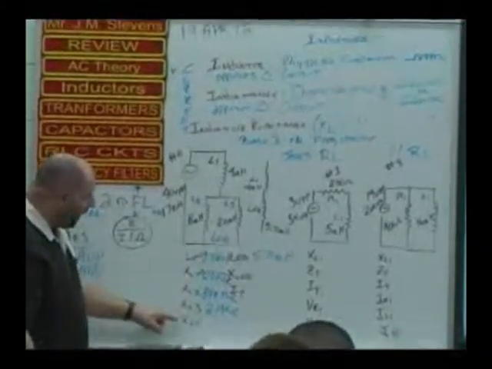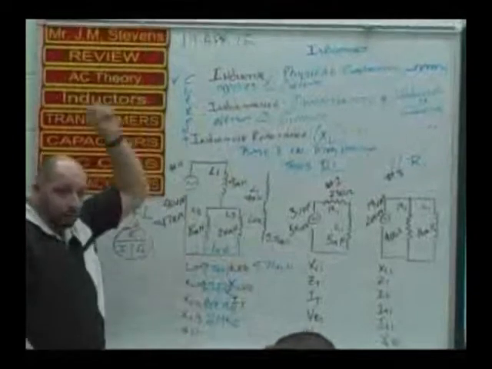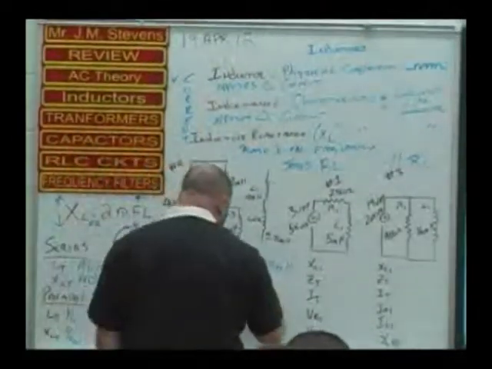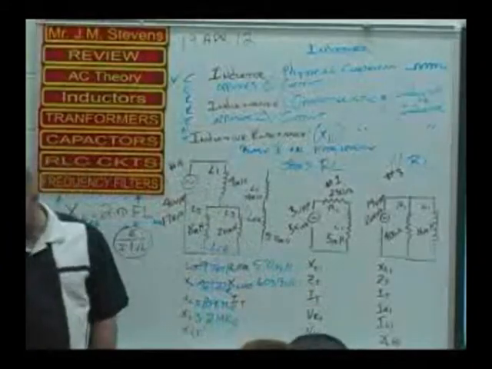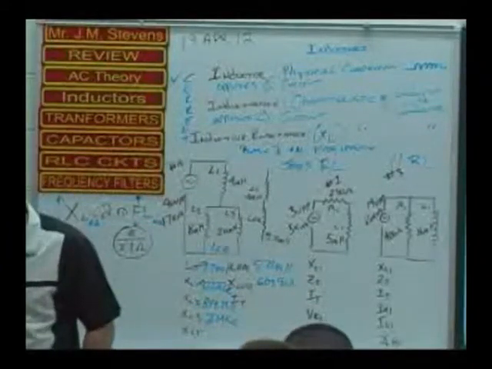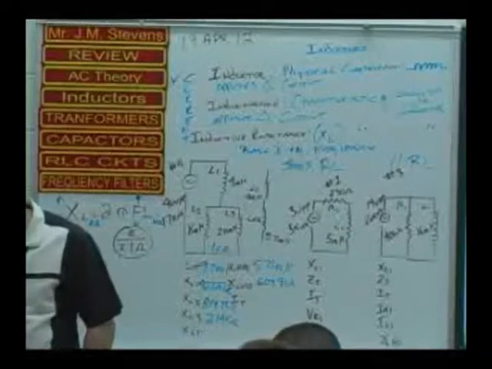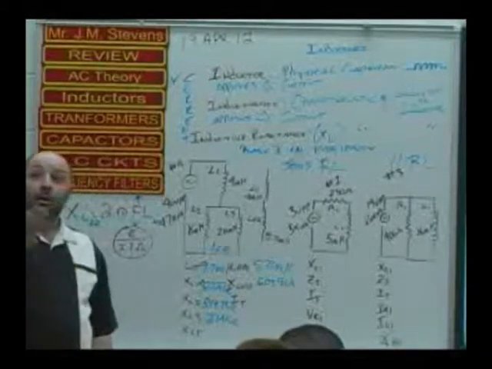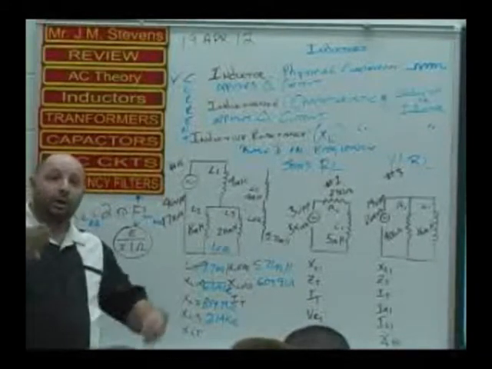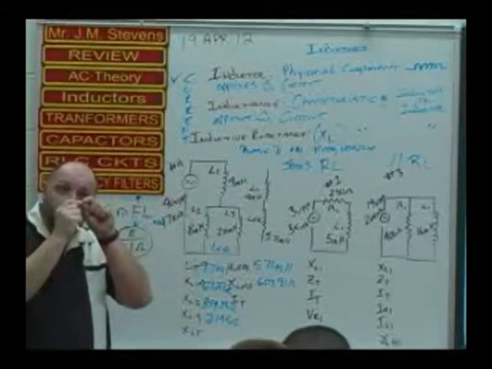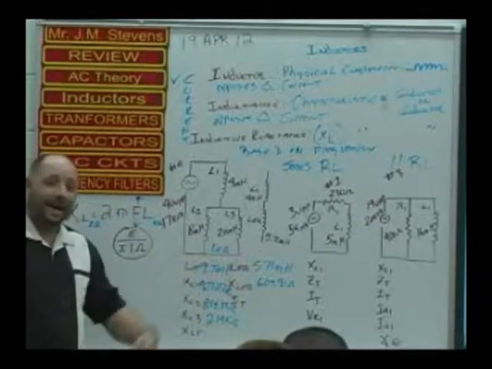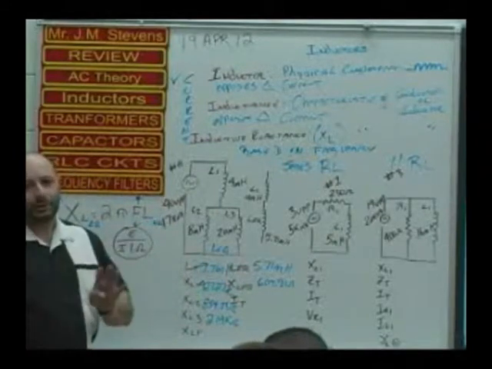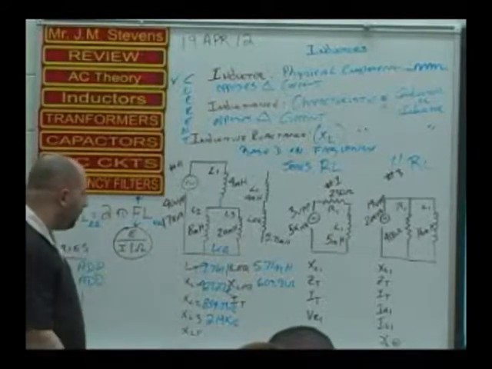So our XLEQ is what, Mr. Goss? 609.91 ohms. Close enough. I got 610.67. There's going to be a very small disparity. Why? Because of the different methods you could use, and we round and all that stuff. As long as you're right there close, you're going to be okay. So I'd accept that.